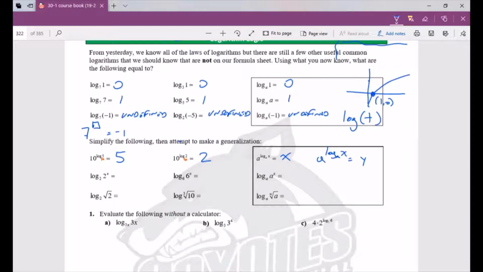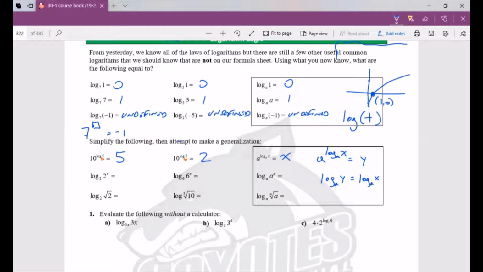So if I swap that into logarithm form, the logarithm of y base a is equal to that exponent of log x comes down. On the left side of this equation, we have log y base a.